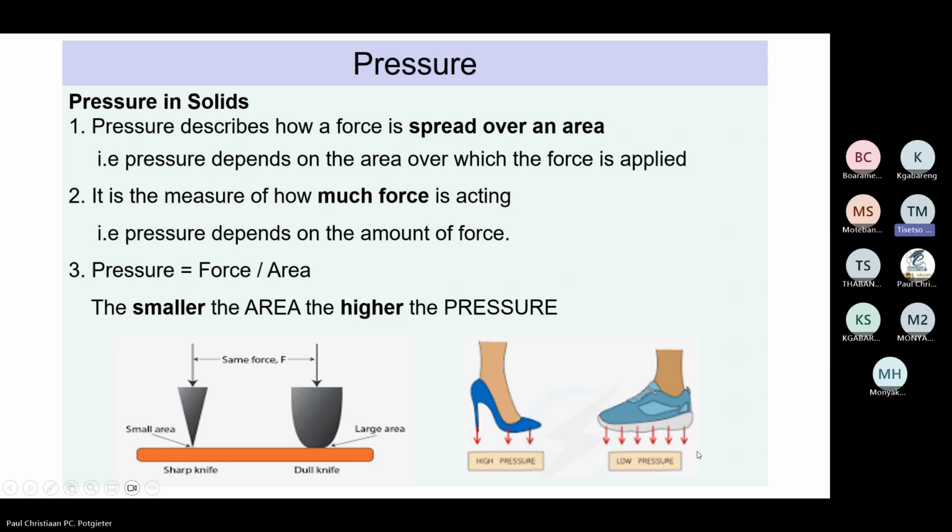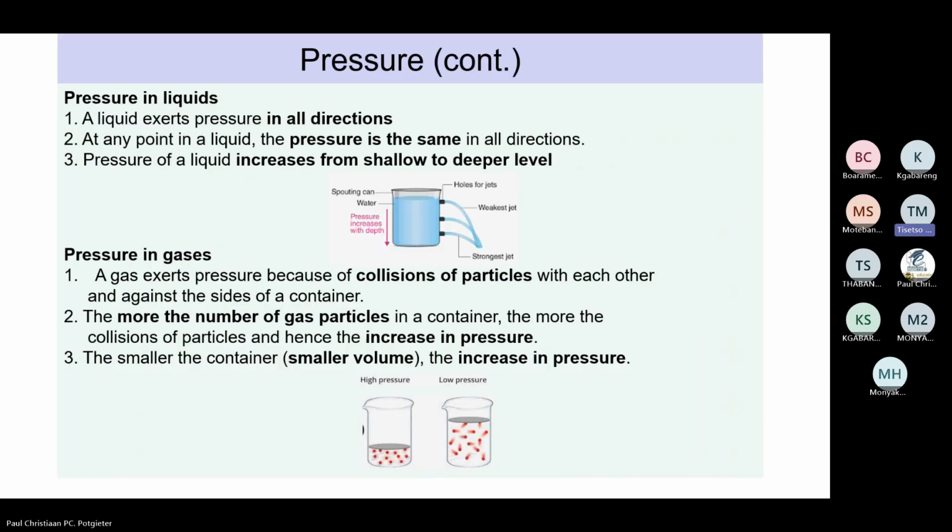Pressure in liquids. This is just a summary. A liquid exerts pressure in all directions. At any point in a liquid, the pressure is the same in all directions. Pressure of a liquid increases from shallow to deeper level, as you see in the diagram here.